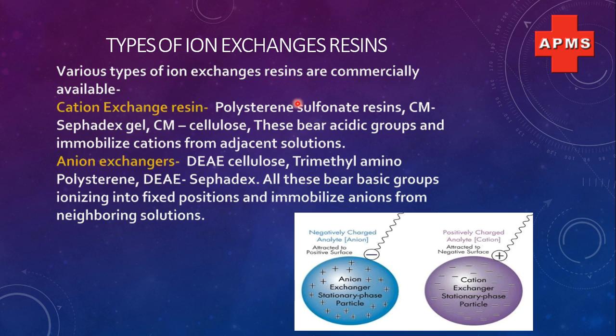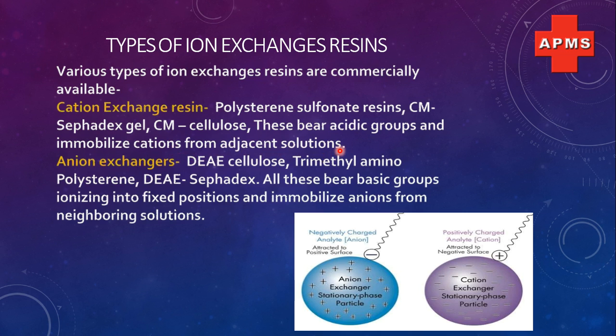Anion means here the stationary phase will be negatively charged and it will attract cations from the mobile phase. CM Sephadex gel, CM cellulose, these are all cation exchange resins that bear acidic groups. See, sulfonate is one type of acidic group and immobilizes cations from the adjacent solution.